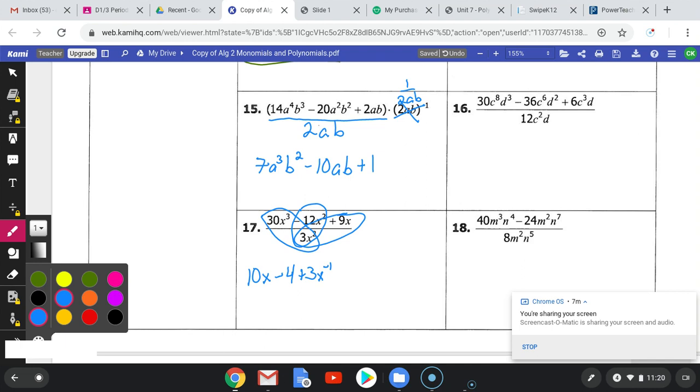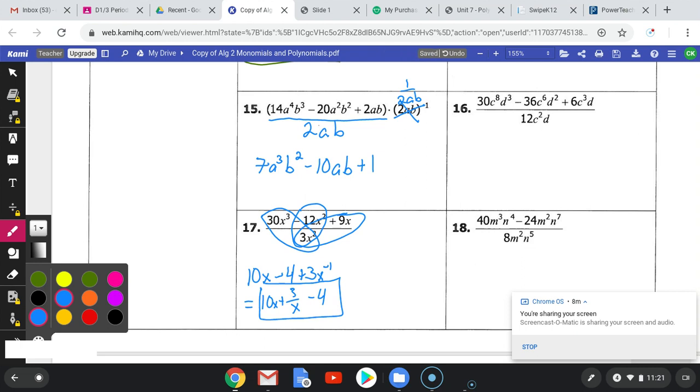So I'd really write this as 10x, and then remember standard form too, plus 3 over x minus 4. Oops, forgot the x here. And remember, these two cannot combine because this has an x on the bottom and this doesn't. So you would leave your answer like this.